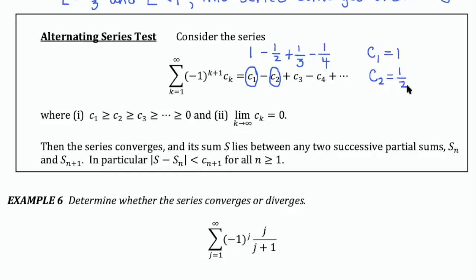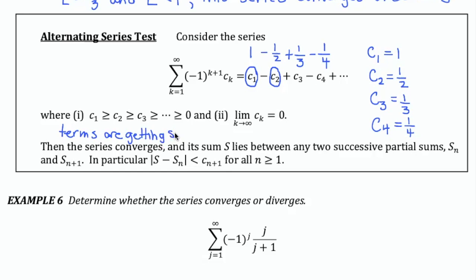So it's just 1/2. My C3 would be 1/3. My C4 would be 1/4. Okay, so please understand that when you're looking at these C's and comparing them, you're doing that independent of their sign. And again, what this part says in symbols is the terms are getting smaller.